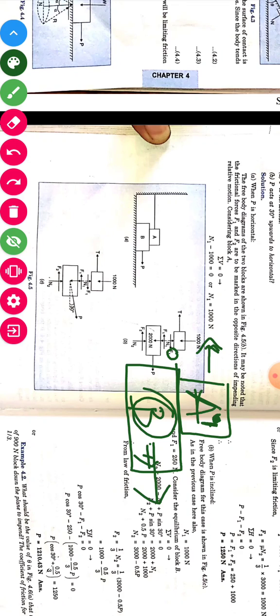You were calculating your motion with respect to bus B. Same is the case here. When you see block A with respect to block B, block A's motion is in the backward direction. So the friction force will be on the right side.